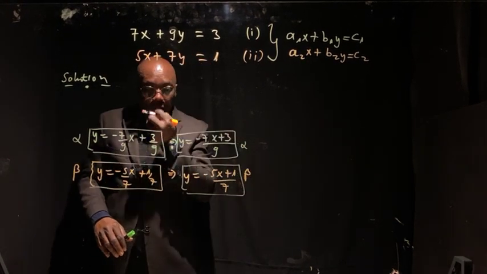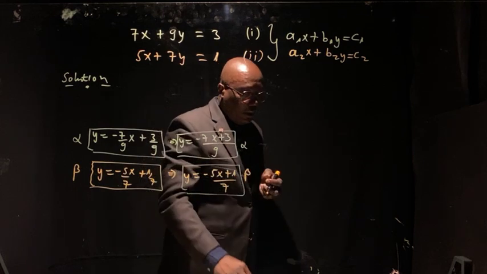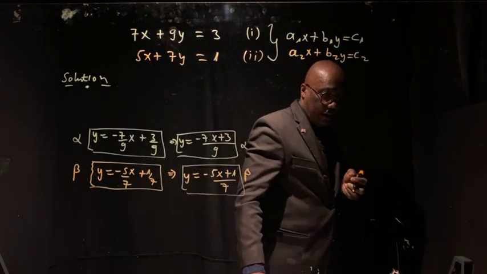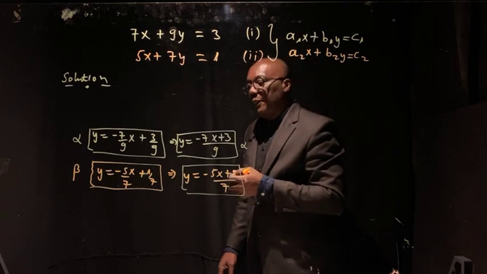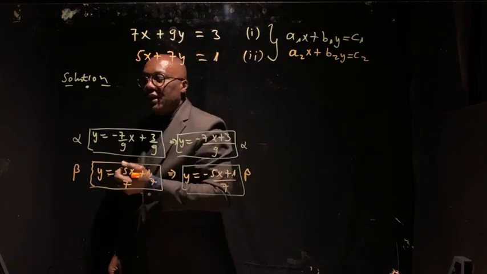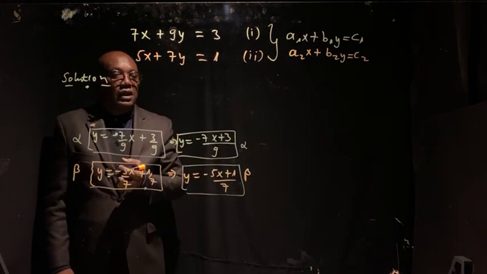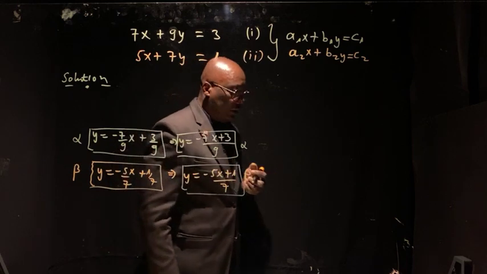Now, at the point where the two lines intersect, their y values have to be the same, or their x values have to be the same at the point of intersection.